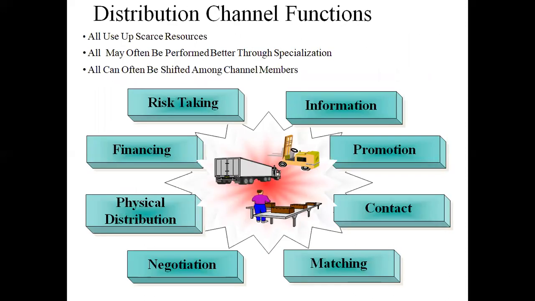Let's see what the functions of channel partners are. They bear the risk, obviously, when goods are supplied from the manufacturer. Once goods come out from the manufacturer and reach the wholesaler or distributors, they own that product, so they take the risk of owning it. They do financing, physical distribution, and further distribution to the retailers.